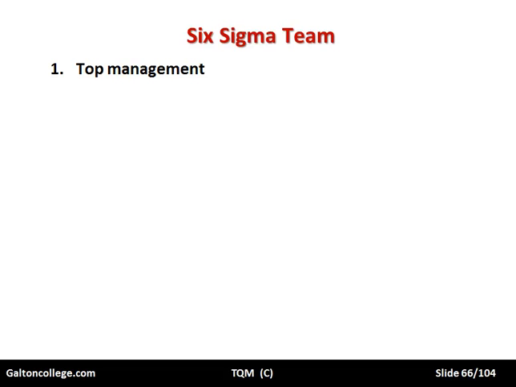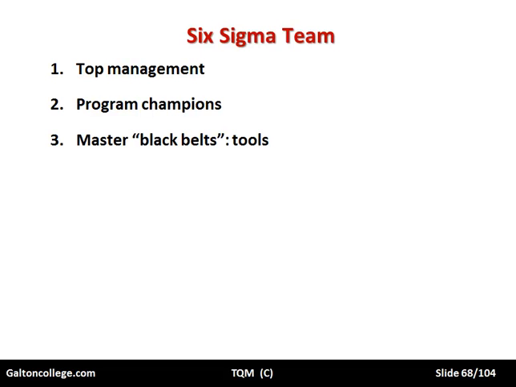They need to be committed. If they're not committed, no one's going to take it seriously. So it has to be top management. Product champions, people who know particular products and know everything about the product and know how to make the product and the ups and downs of making the product, the issues and so on.